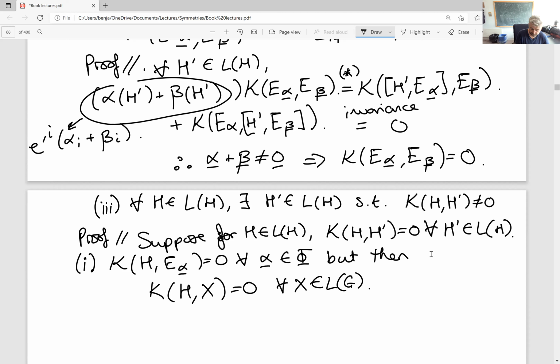By definition this means that the killing form is degenerate, but we're considering the non-degenerate case. So that's a contradiction. We've supposed the opposite and proved that it leads to a contradiction.